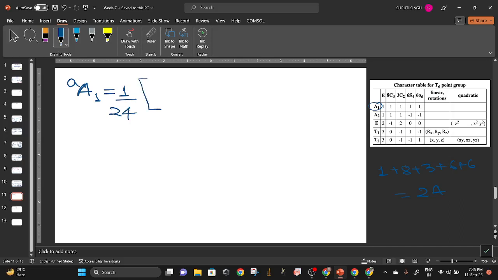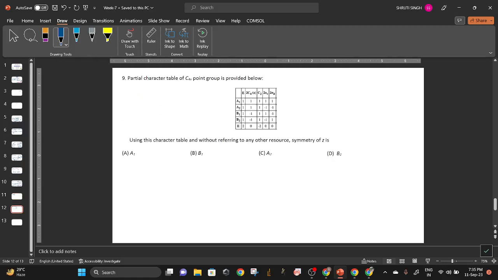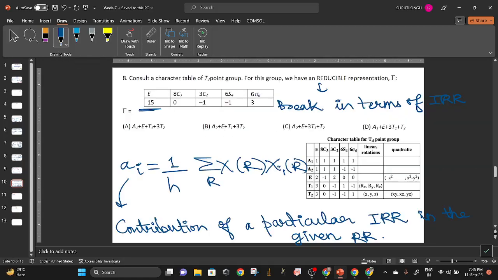Next, we have to find the character under the reducible and the character under the irreducible representation, but we also have to multiply with these coefficients. For C3, for example, we have to multiply by 8. Otherwise we would be counting only one symmetry operation, but there are 8 C3s.